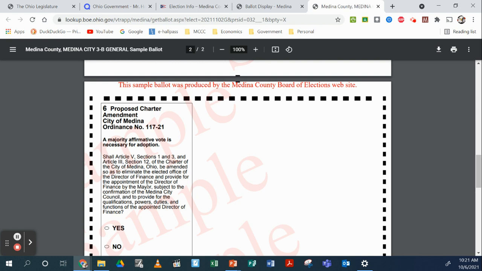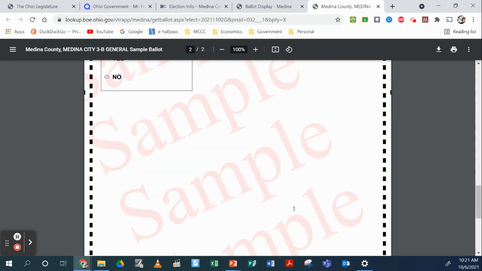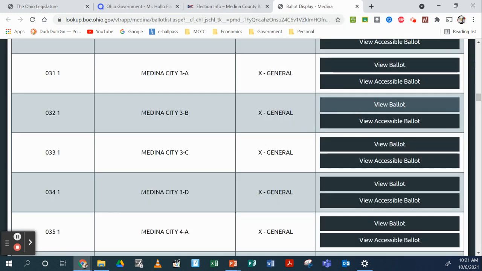They just want to give it to the mayor. So they want to change the City of Medina's constitution, for lack of a better word, to allow the mayor to pick the city director of finance rather than you guys getting to vote for director of finance. So that's it. Again, all the different elections, all the ballots available there.